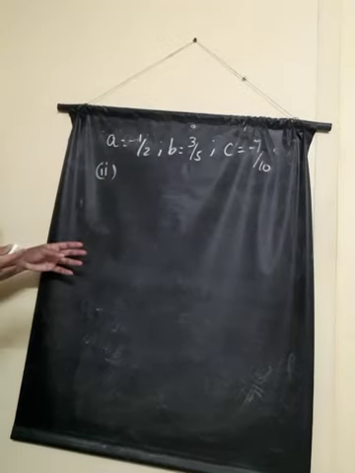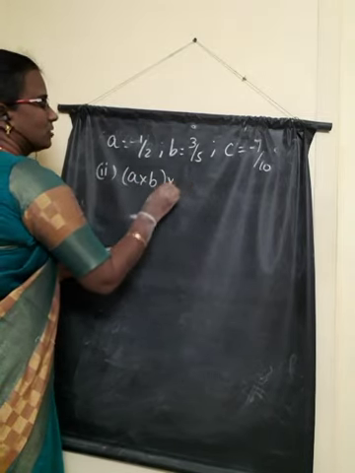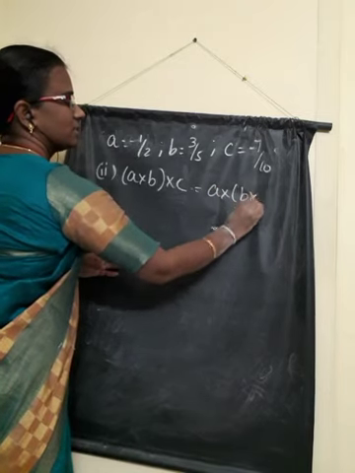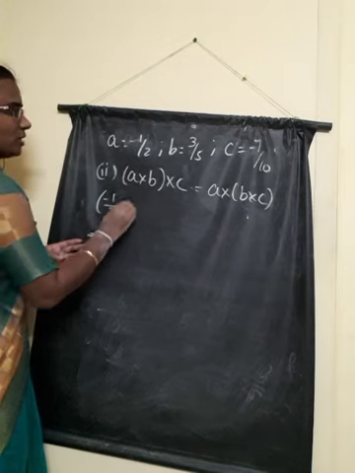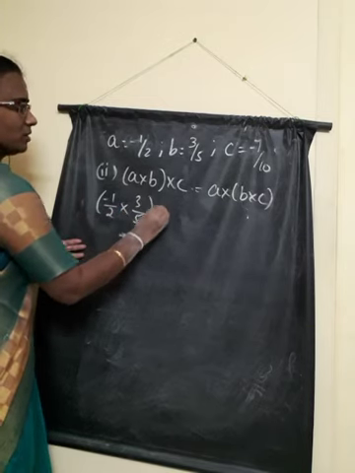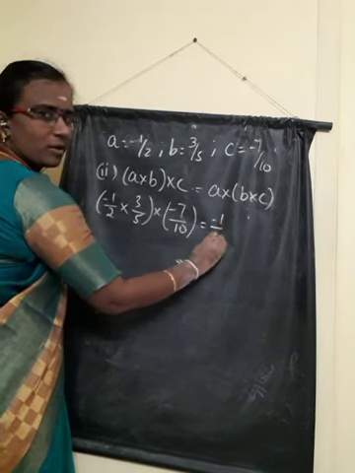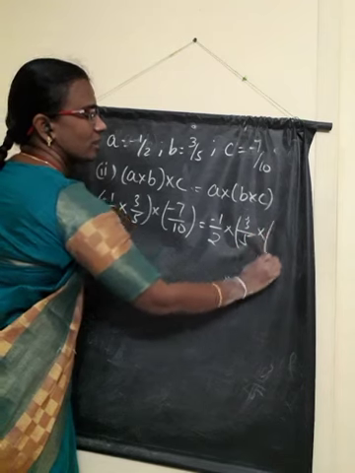The next property is A into B into C is equal to A into B into C. Let me find out. Minus 1 by 2 into 3 by 5 into minus 7 by 10 is equal to minus 1 by 2 into 3 by 5 into minus 7 by 10.